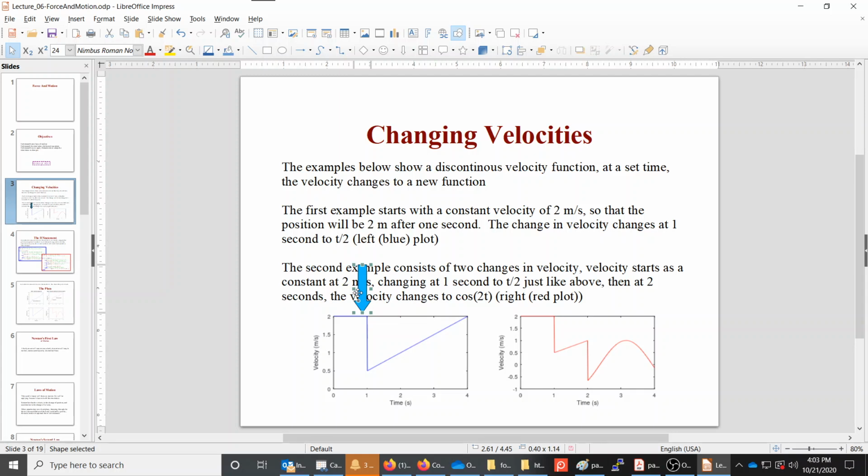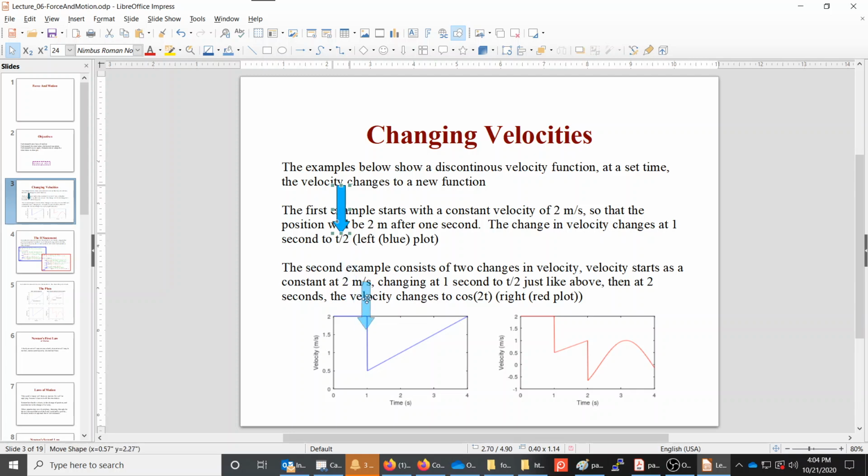But what we're really concerned about here is that at time 1 second, the velocity changes to a function, which in this case is simply time divided by 2. So whatever time it is, we divide that by 2.